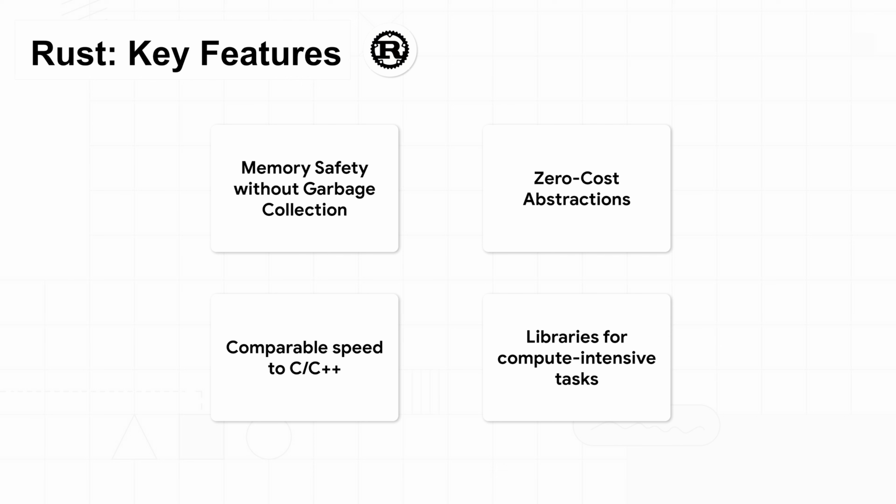So the next major feature is zero cost abstractions. For those who don't know, an abstraction is a high level programming construct, like a vector or a string, that is very easy to use and sits on top of lower level concepts that actually run faster.